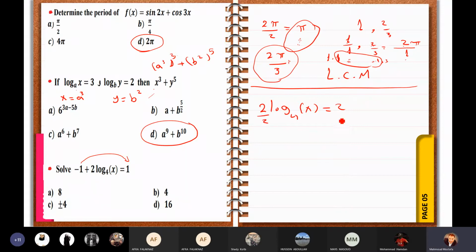Here you can divide by 2. So log x is equal to 1. Again, you have to convert to exponent form. So x is equal to 4 to the power 1. 4 to the power 1 means 4.